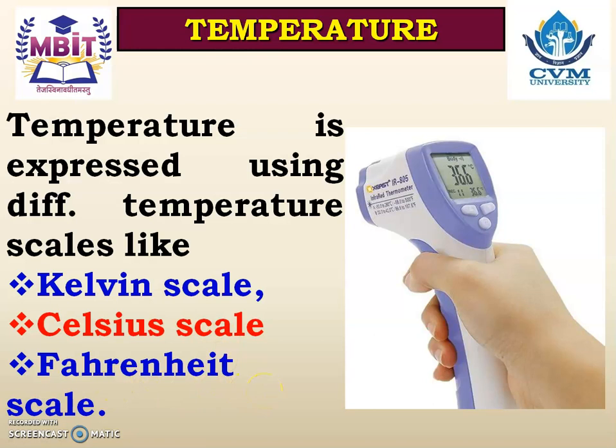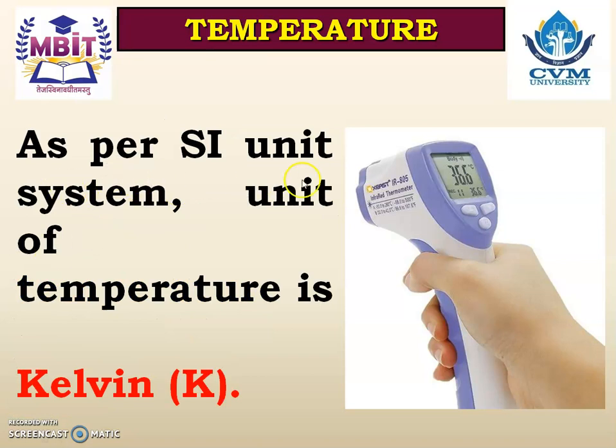And let us recall what is the unit in which temperature is measured as per SI system of units. I think this we have studied in the first lecture of this chapter only. Can anybody recall? Yes. As per the SI system, the unit of temperature is Kelvin.